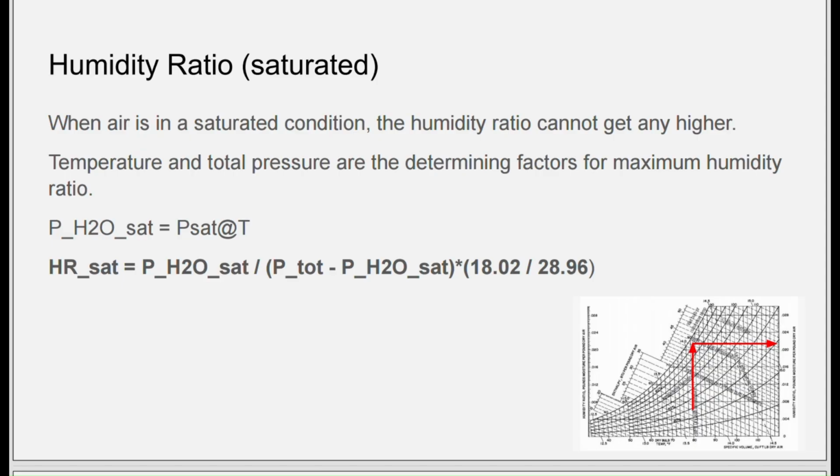The way you can find that with equations is you know that your saturated vapor pressure is a function of the temperature that you're at, by looking it up in a steam table. So if I just take the temperature that I'm at and find my saturated vapor pressure, I can plug that into my partial pressure of water vapor from my humidity ratio equation, and then you're left with something like this.